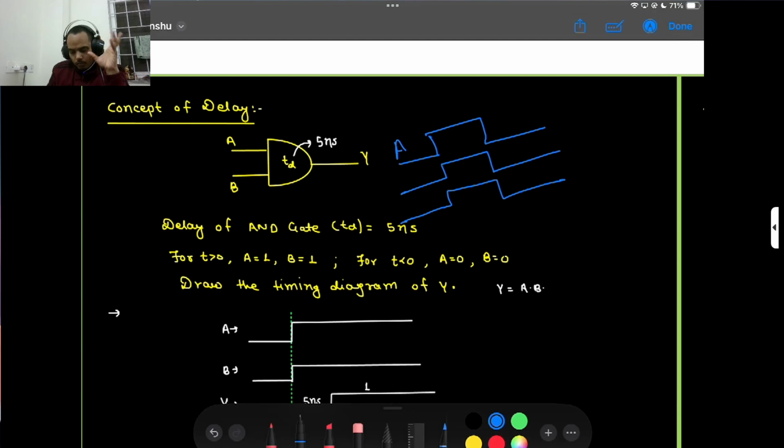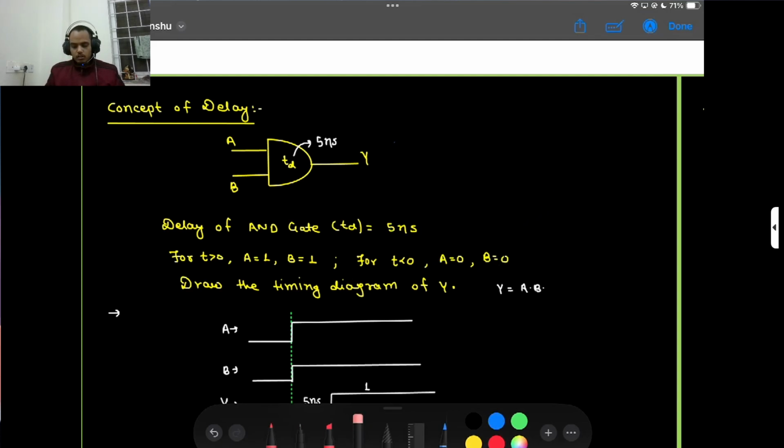But what happens is there is some delay due to the transistors, from the digital IC design side, maybe 5 nanoseconds or something like that. So the output is a little delayed and looks like this.